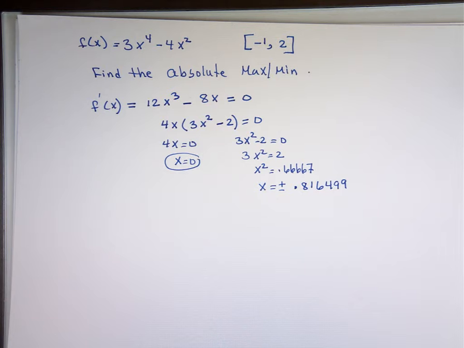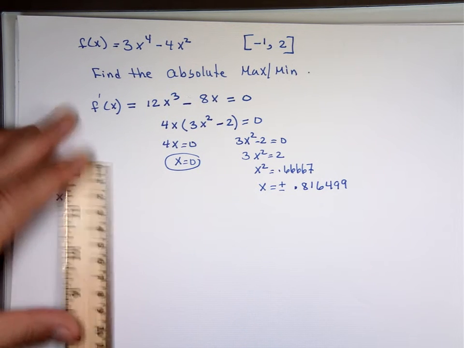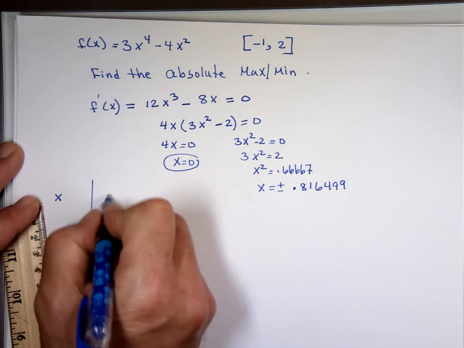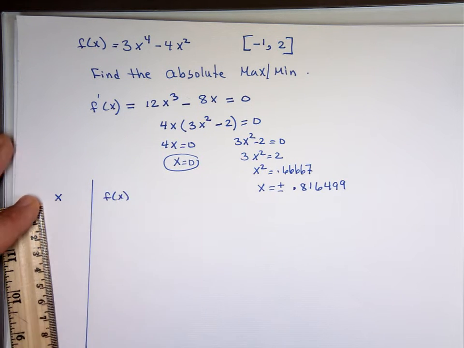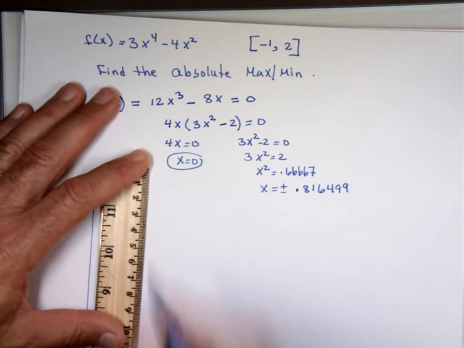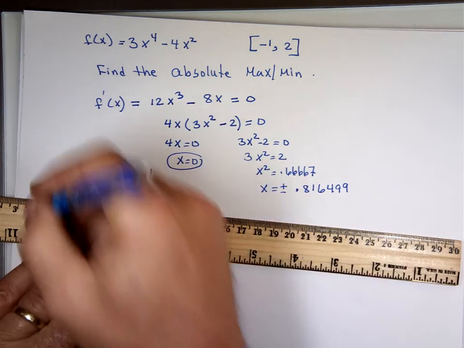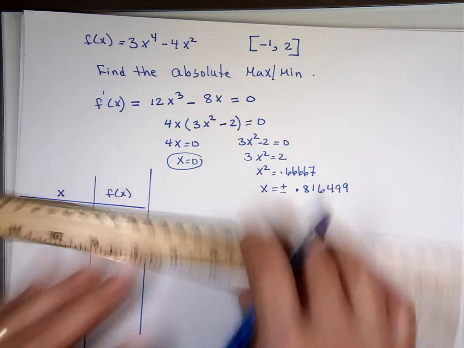And I'm going to find out which one is the absolute max, which one is the absolute min. And make a table. We're going to test the points. Which points?